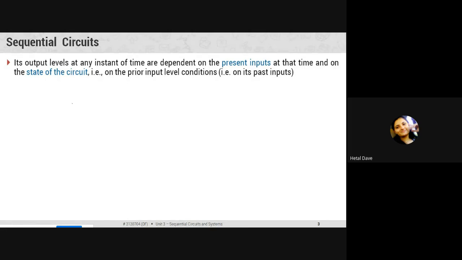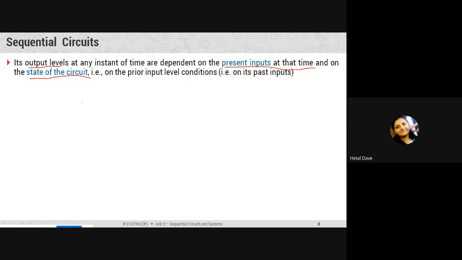In a sequential circuit, output depends on the present input at the current time as well as the state of the circuit. Now, what is the meaning of it? Again, what is a combinational circuit? At this time, I give input.